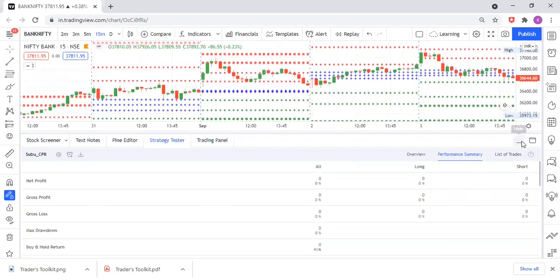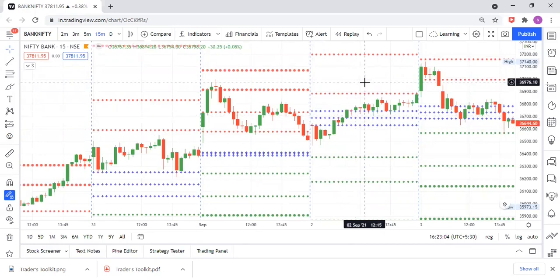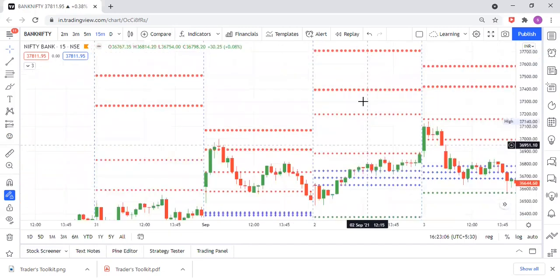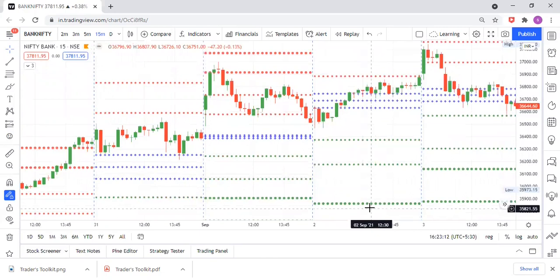It's similar, just that instead of seeing one single line for the pivot, you will have a range. You see there are three blue lines that I'm showing you here. This is called the central pivot range. Again, the lines on top of it represent the resistance levels, and the lines below it represent the support levels.